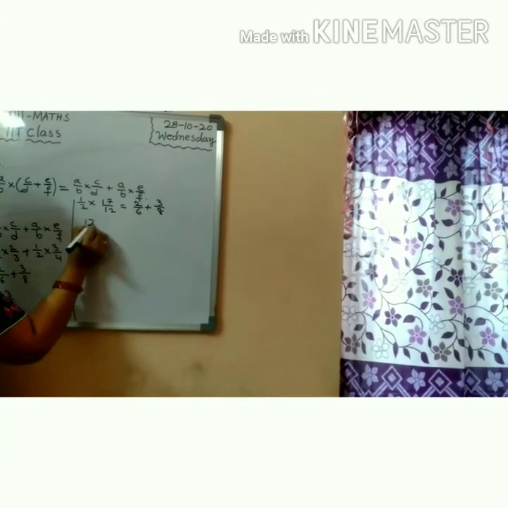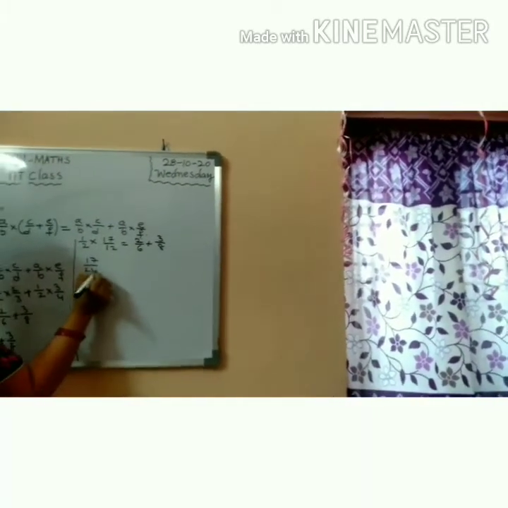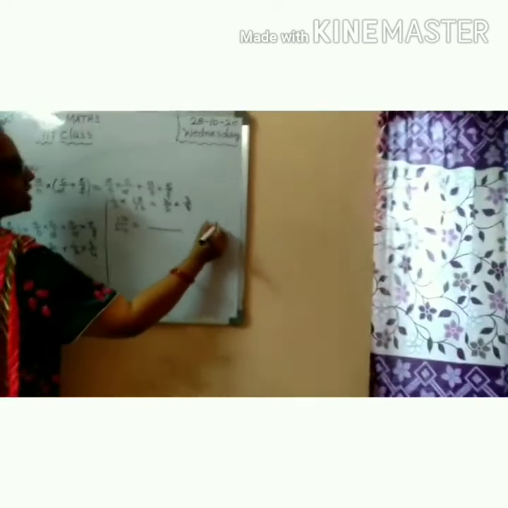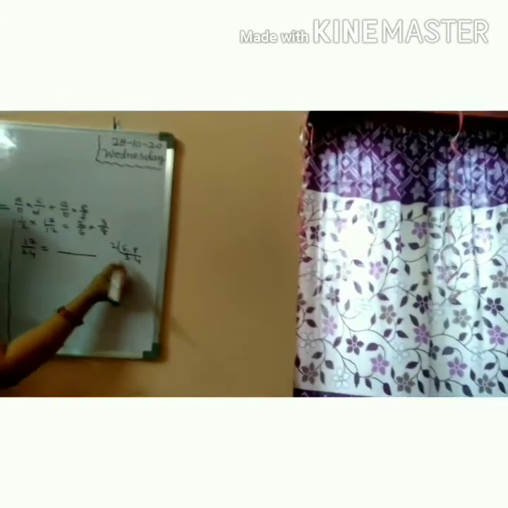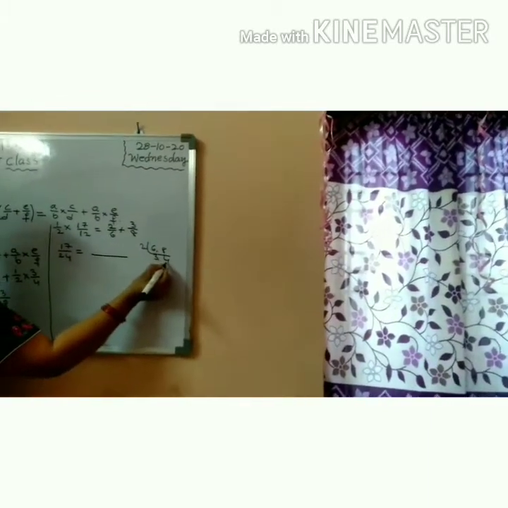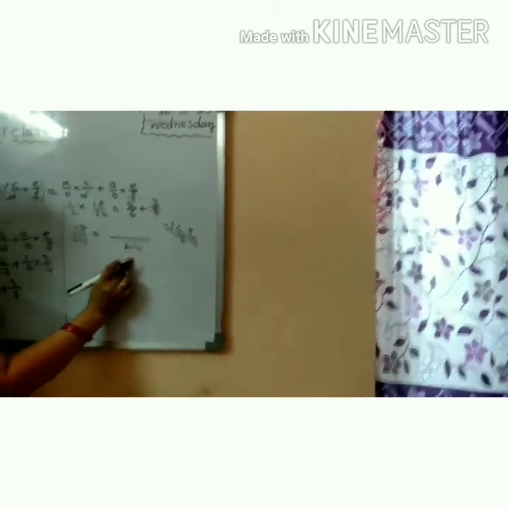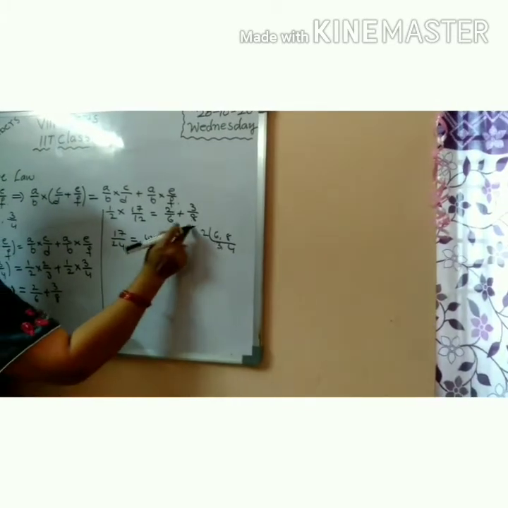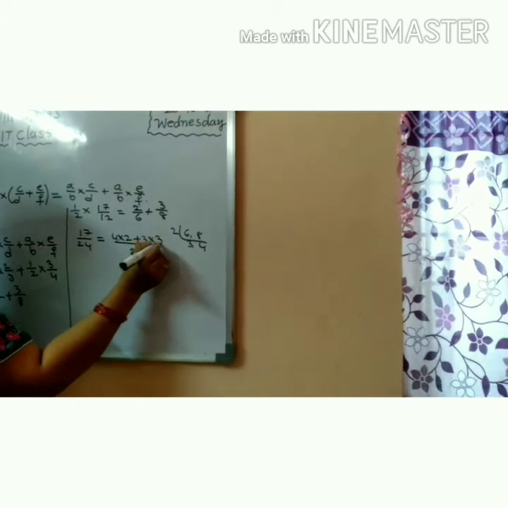Now take the LCM of 6 and 8. The LCM is 24. In 24, 6 fits 4 times, so 4 into 2, and 8 fits 3 times, so 3 into 3.